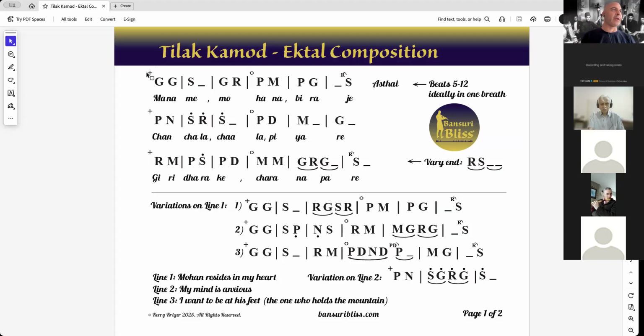Actually, it would be tali, kali, tali, kali, tali, tali. So it's going to be a clap, 2, 3, 4, clap, 2, 3, 4, clap, 2, clap, 2. 1, 2, 3, 4, 5, 6, 7, 8, 9, 10, 11, 12. Clap, wave, clap, wave, clap, clap.